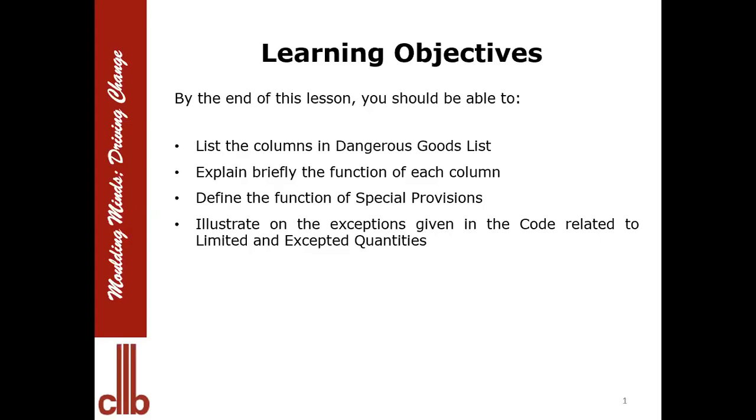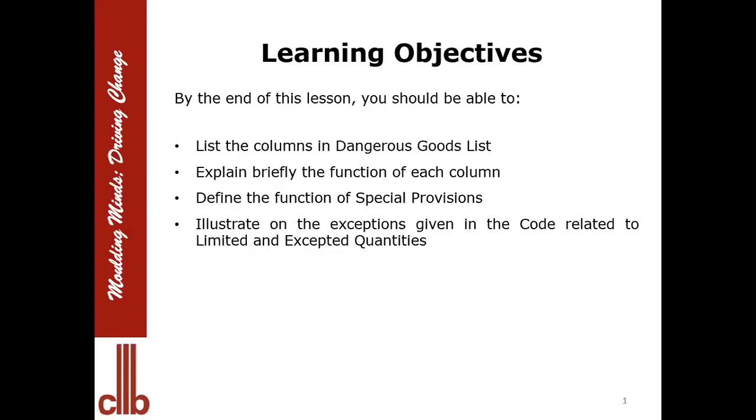List the columns and briefly understand their functions, and look specifically at special provisions, because people tend to overlook that. They don't really look at the importance of special provisions. So in this part, I will emphasize the importance of special provisions and tell you why you need to look at them, how you look at them, and how these can sometimes qualify as exemptions.